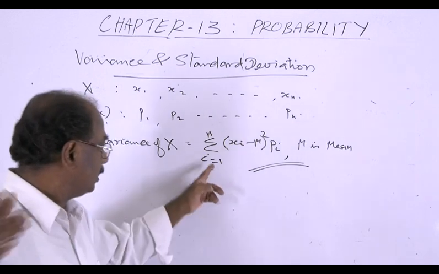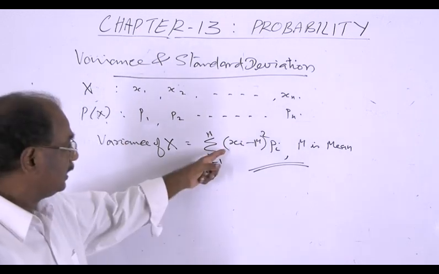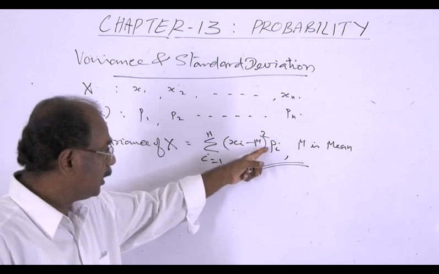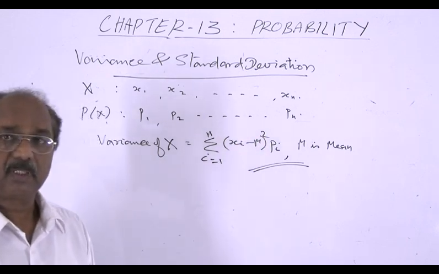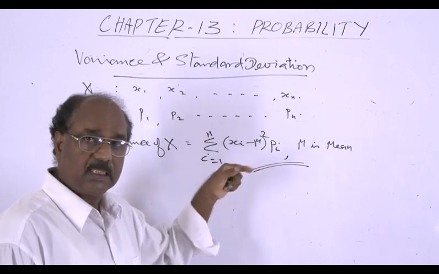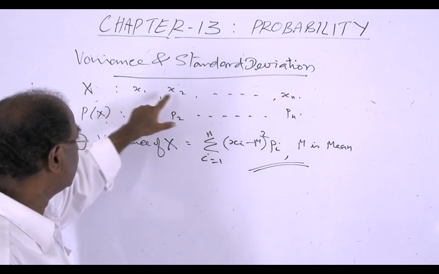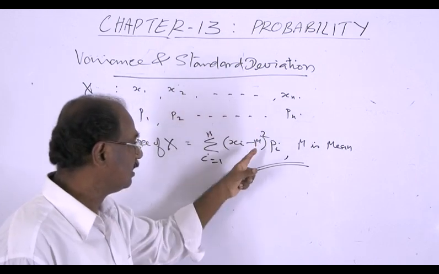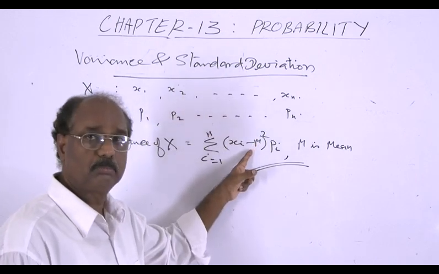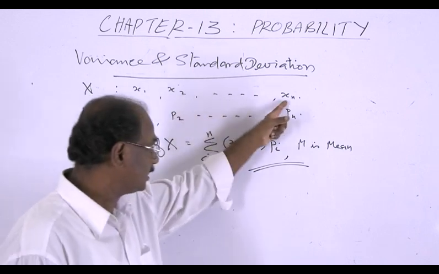So here consider this: (xi minus mu) whole squared into pi. This xi minus mu is the variation of x1, x2, etc. xn from this mu: x1 minus mu, x2 minus mu, etc. xn minus mu.